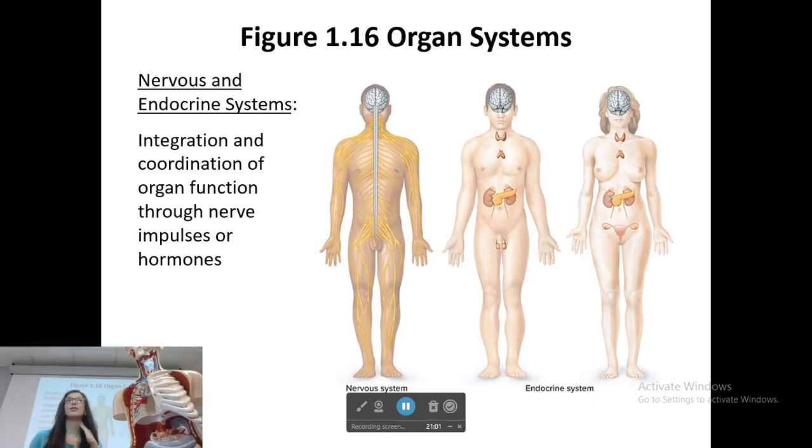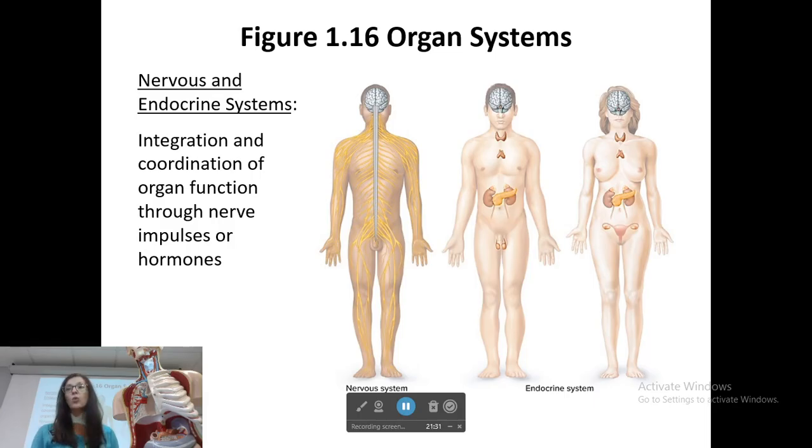Okay, so the endocrine organs are involved with your system of hormones, producing hormones that travel throughout the body and have an effect on different body parts. Hormones are chemical messengers. So they're chemicals produced by the cells that then travel through the body to their target organ where they're going to affect that target organ.